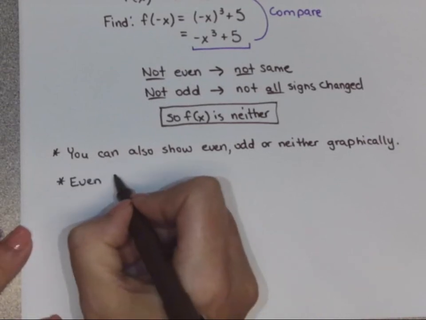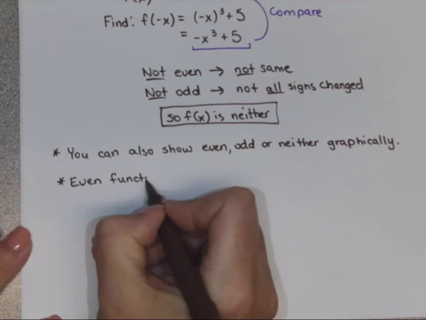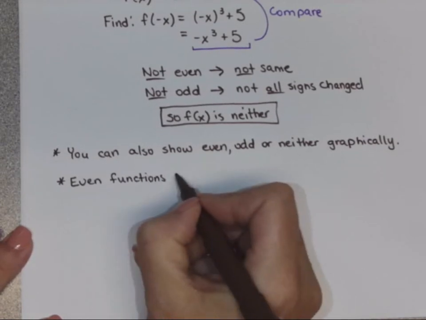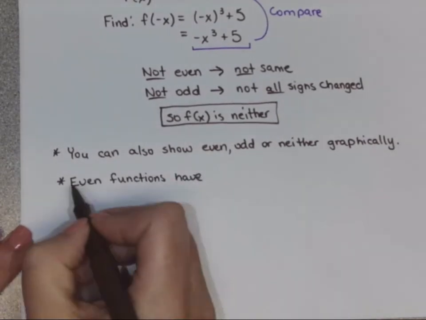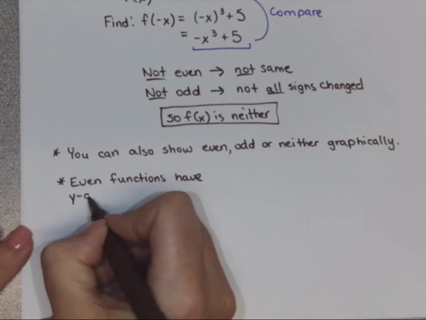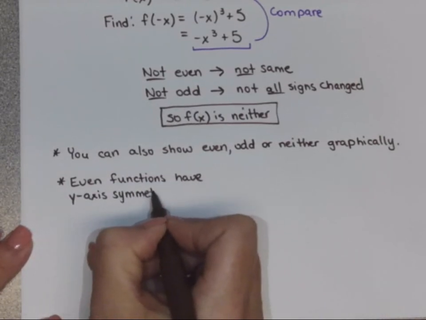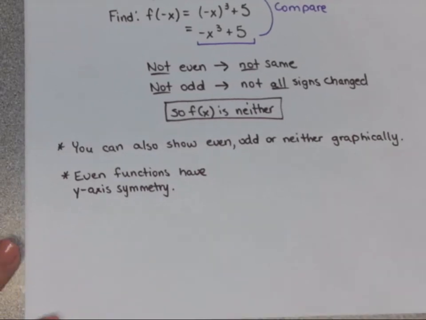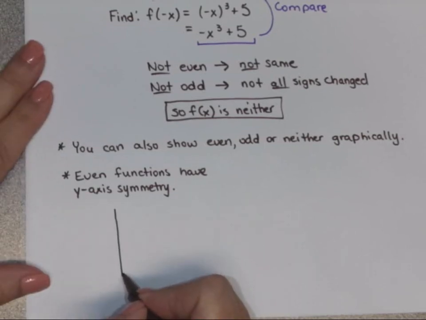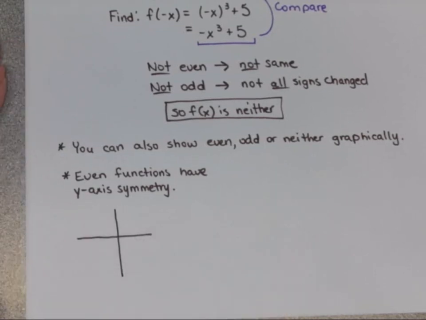And so here's what's true about even functions. Even functions have what we call y-axis symmetry. Okay, symmetry just means it's the same on one side versus the other side. So let me give you an example of a simple function that has y-axis symmetry.